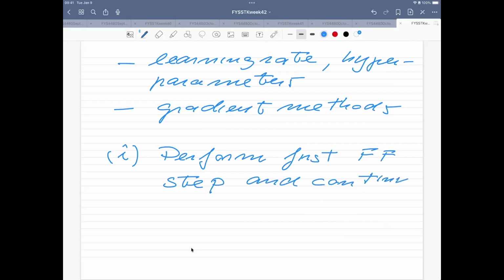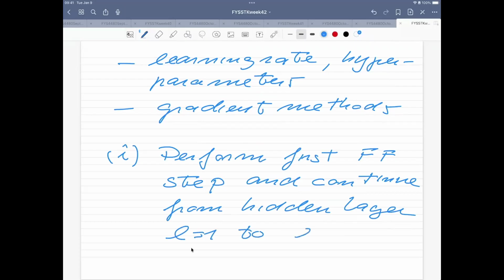So you do that from hidden layer L equal 1 to L equal the final output layer. And that produces A of L. I leave that as a vector now, because you may have, let's say, 10 nodes. So that would be a vector with 10 elements.